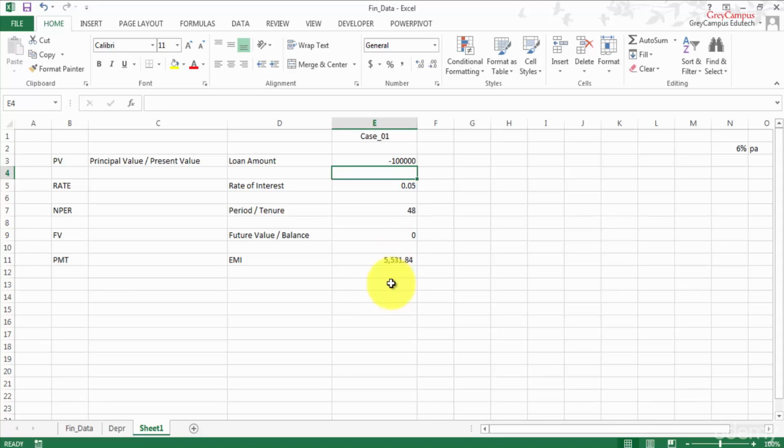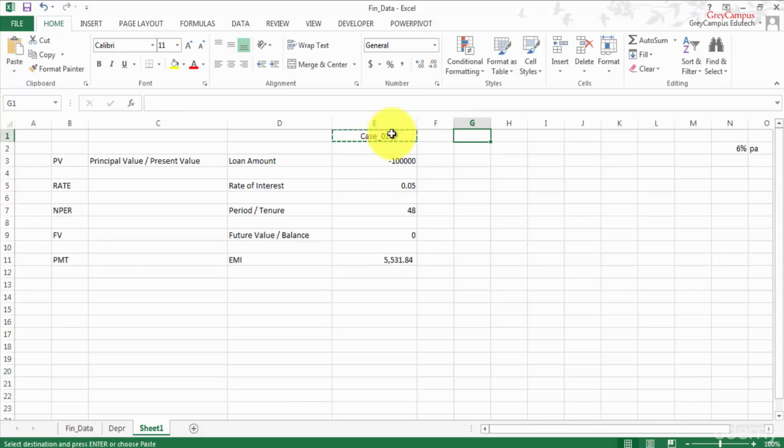It depends on what kind of calculation you are making from this particular data. If you put the loan amount as negative, the EMI amount changes to positive, which is the payment amount. And if you put this loan amount as a positive value, then it will be a negative EMI. Now this is case 1.